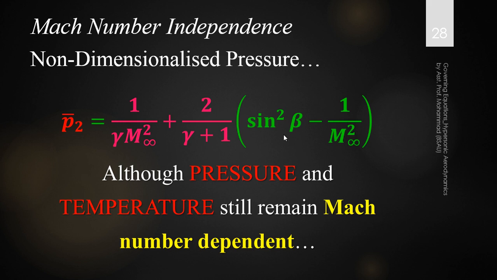But if you are dealing with the non-dimensional pressure, then at very high Mach number it also attains some kind of standard or constant value, and then the entire boundary condition and the entire governing equation are free from Mach number, and life becomes easy. We can easily solve that. That's what we saw.